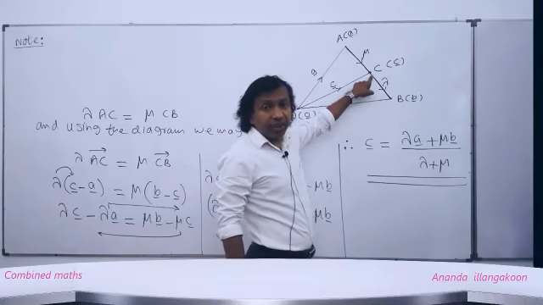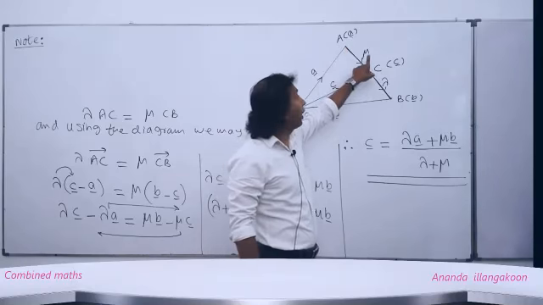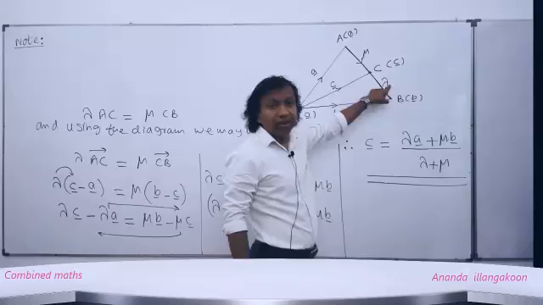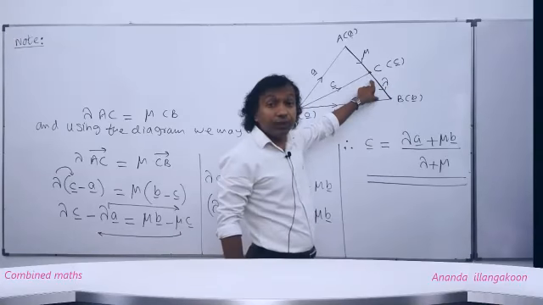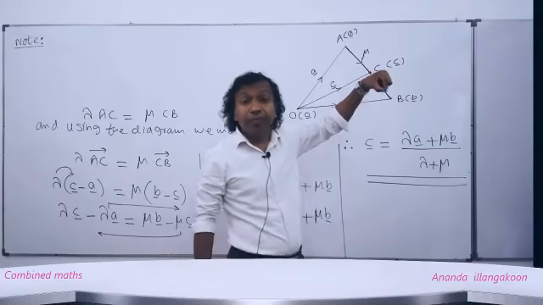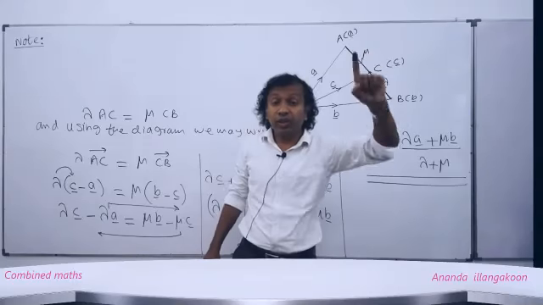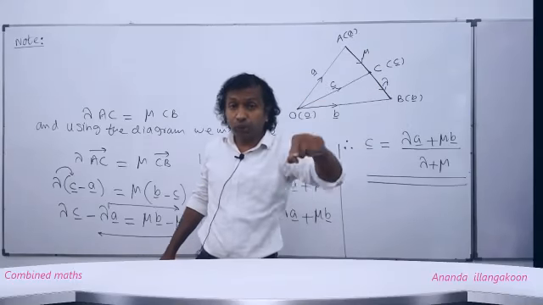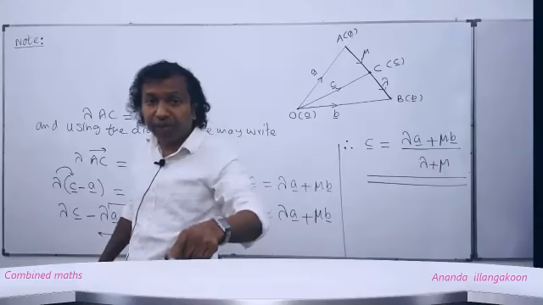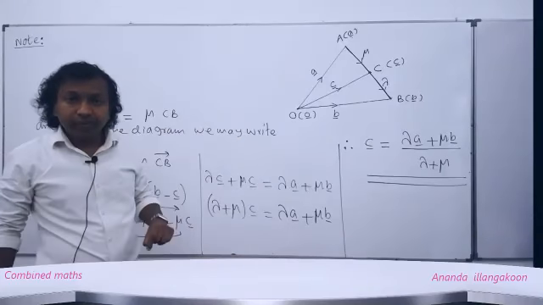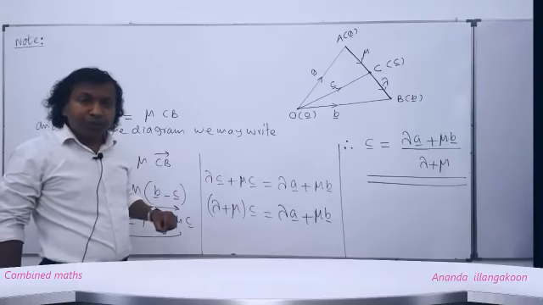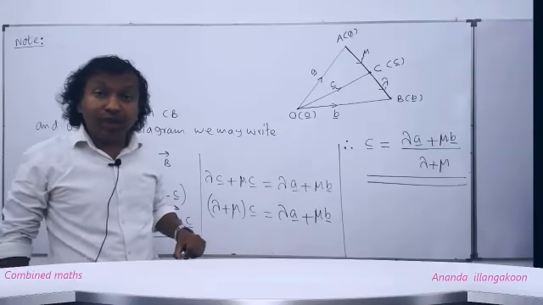Point C lies exactly at the middle position of the line AB. Then what can you say about mu and lambda? This length and this length are equal, no? So when we divide them, when the numerator and denominator are equal, we can cancel down. We get 1:1. Then both mu and lambda become 1. Then we can find the position vector of the midpoint of a line.